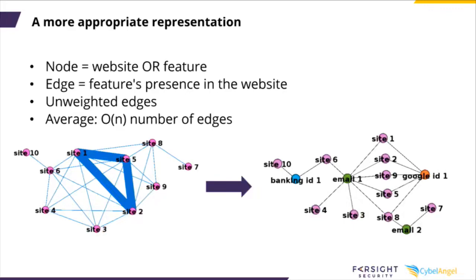I found the email number 1 in website number 6, but I also found the banking ID number 1. And I also found the banking ID number 1 in website 10. So here you clearly see the relationship between the features and the websites. And that's the main advantage. The number of edges grows linearly in the number of nodes. That's much better for running the algorithms.